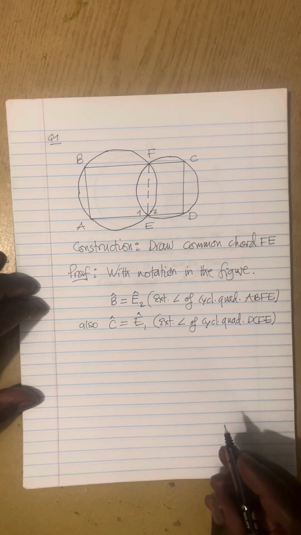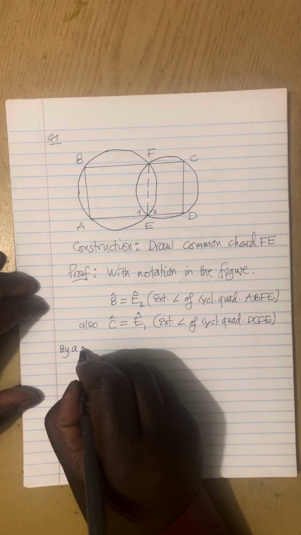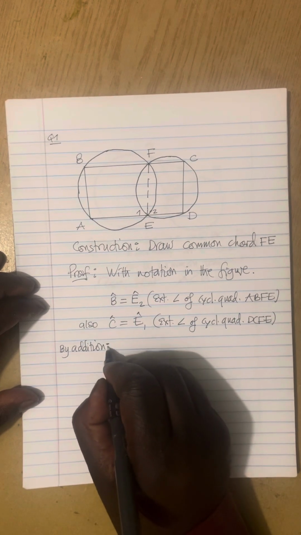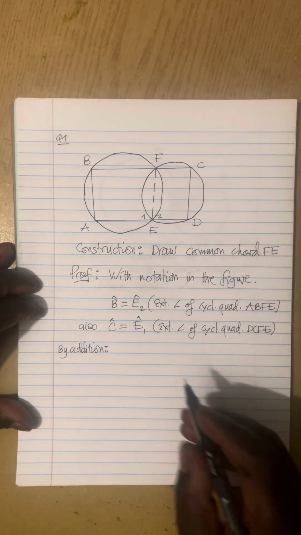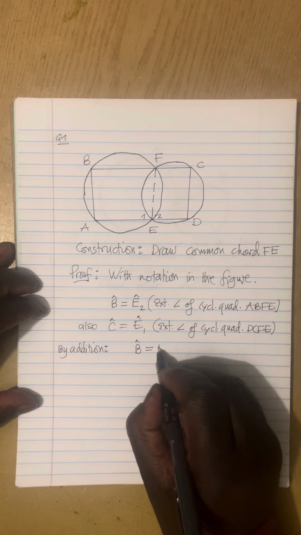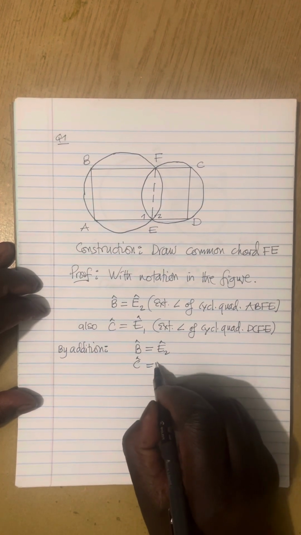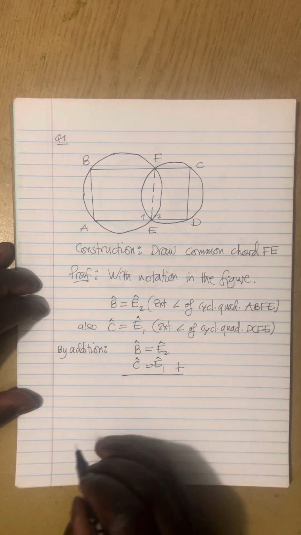Now we have two equations here, which we can add by addition. What do we mean when we say by addition? We're basically saying, let's add the two equations. Angle B equals angle E2. Angle C equals angle E1. Let me add these equations up like so.